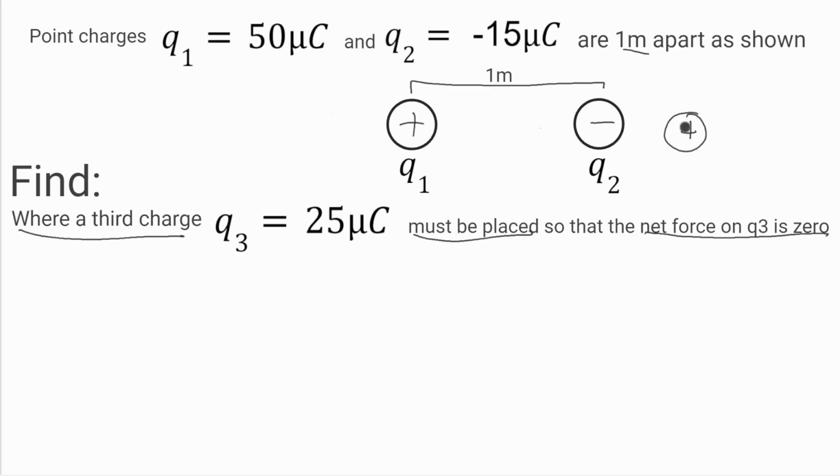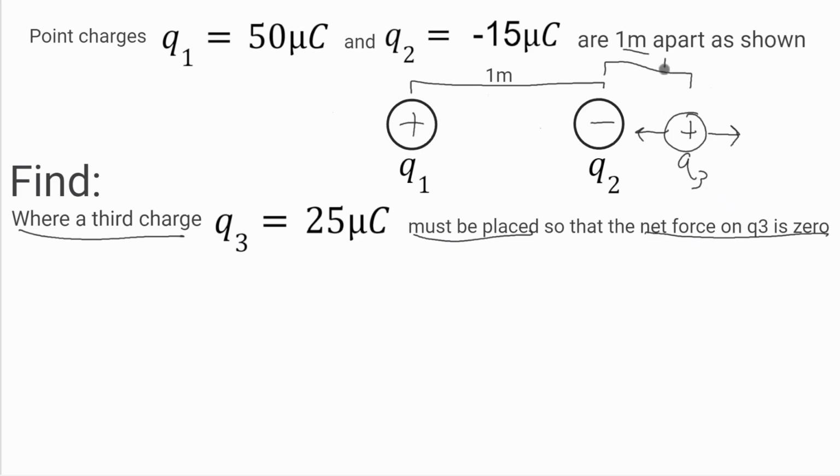Now let's see if this makes any sense. Q3 is going to be attracted to Q2, and it's going to be repelled from Q1. So there will be a point to the right of Q2 in which Q3 has no net forces acting on it.